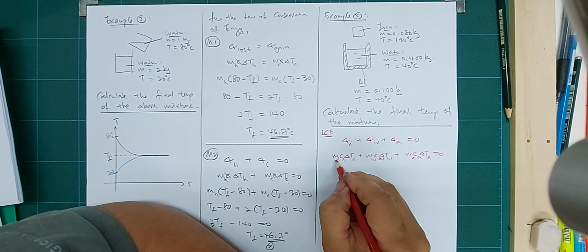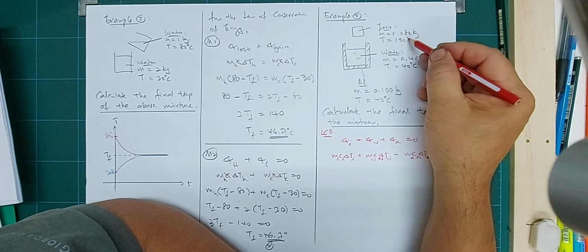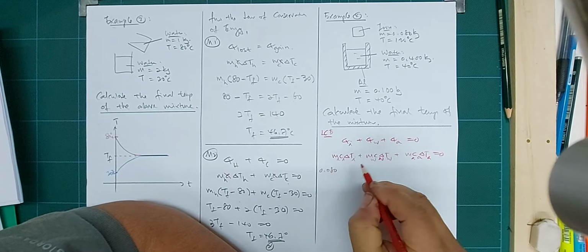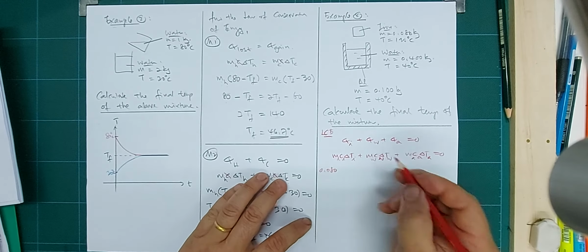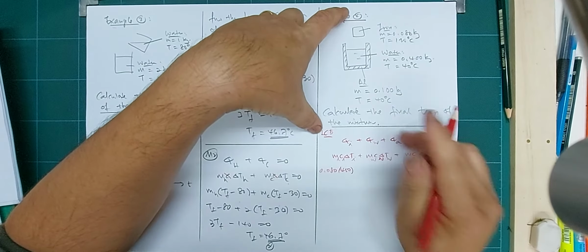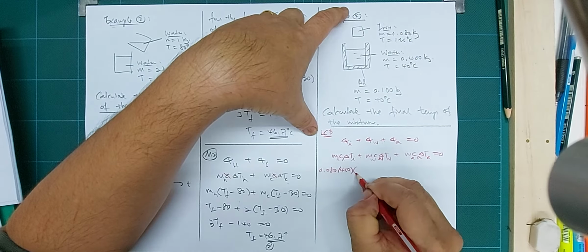The mass of iron is 80 gram, 0.080, and for iron C is 450. Let's assume the final temperature is TF.